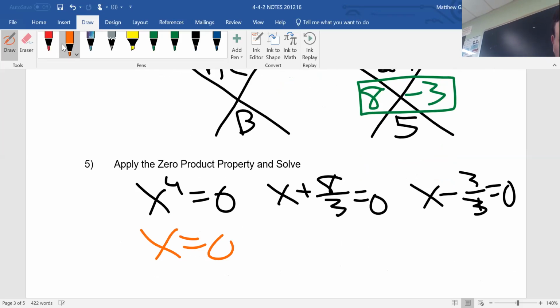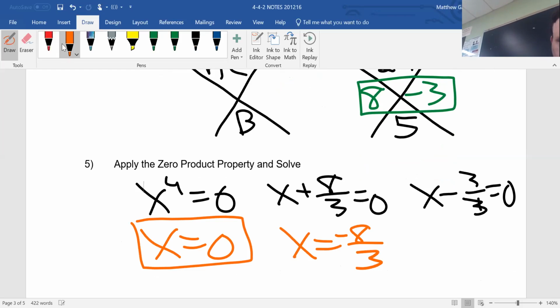So x is equal to 0, x is equal to negative 8/3, and x is equal to 1.